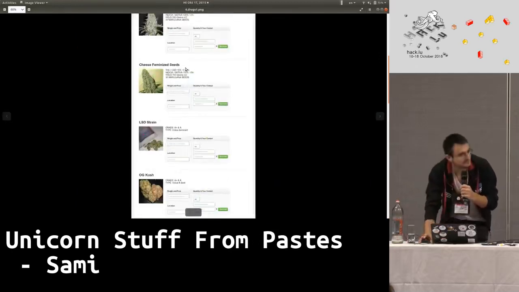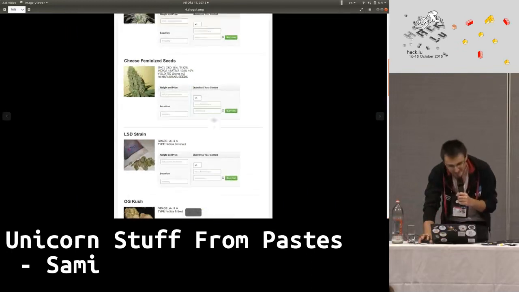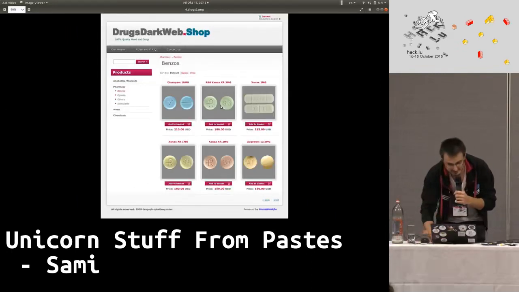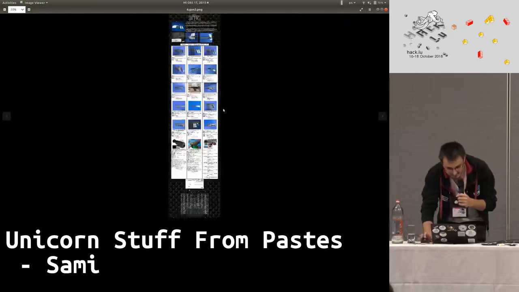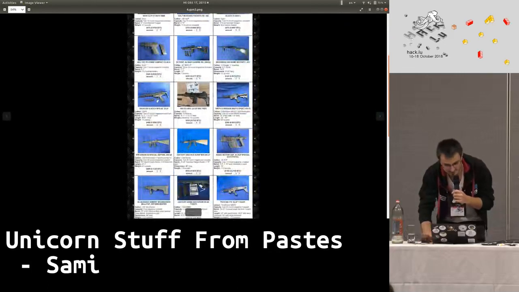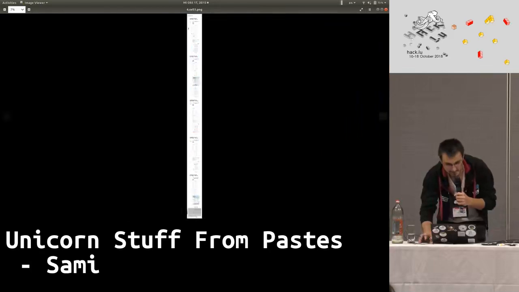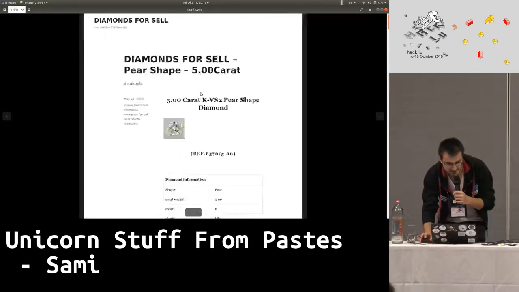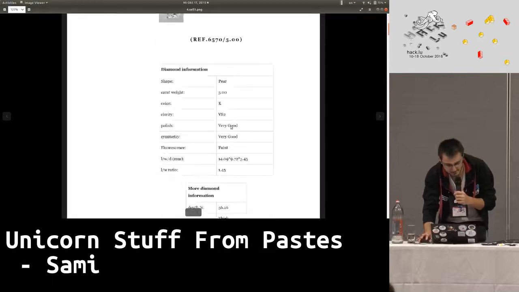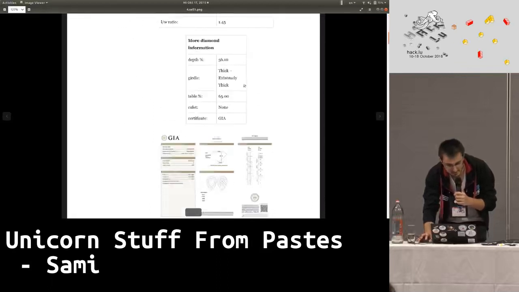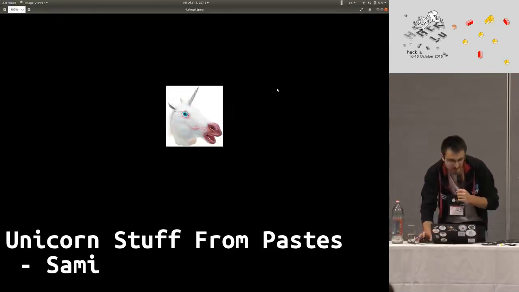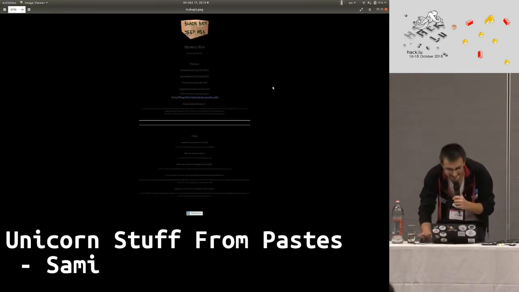Also, what you have is some classical illegal stuff like drugs, different types of drugs, weapons, of course, that you can find, and this kind of thing. Then precious material like diamonds, where they provide interesting information and even data sheets of the product. And of course, I promised a unicorn, there you are.